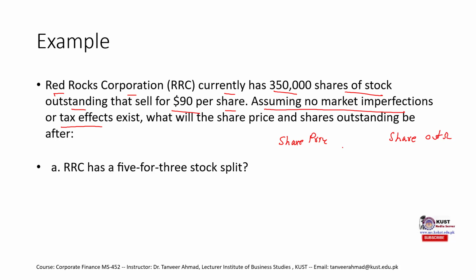So in this case, the share price would be 90 into, when we need to calculate the price, remember we need to take the reciprocal of this stock split ratio. This would be 3-to-5. So the new share price would approximately be 54. Number of shares outstanding. So we previously had 350,000 shares.